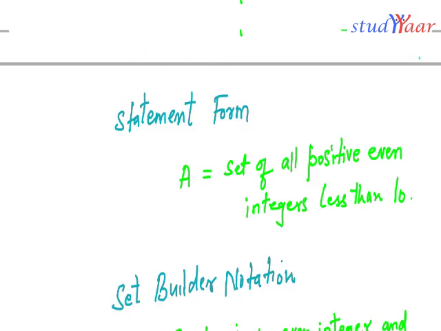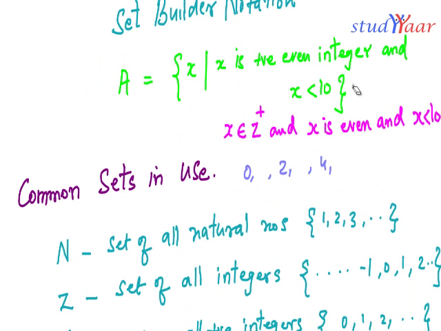If I have to eliminate 0 as well, I am going to say x is not equal to 0, or x is greater than 0. Then even this goes off, so I am left with only 2, 4, 6 and 8.